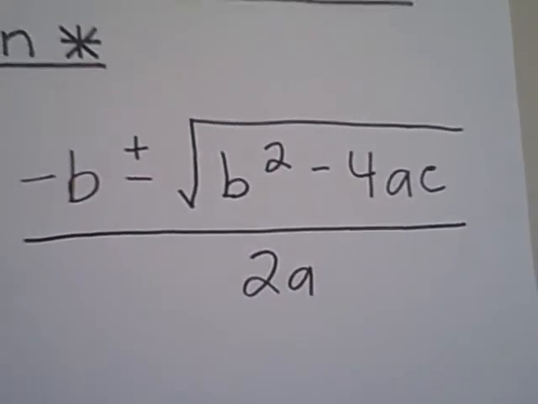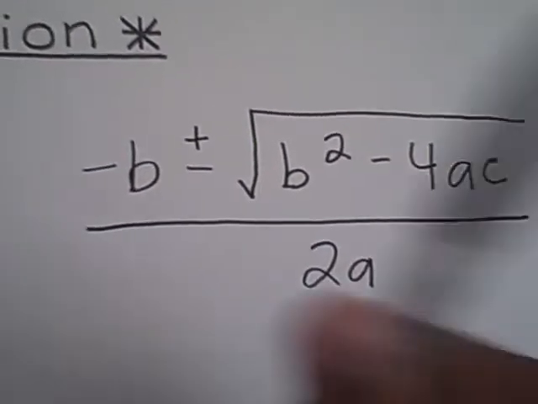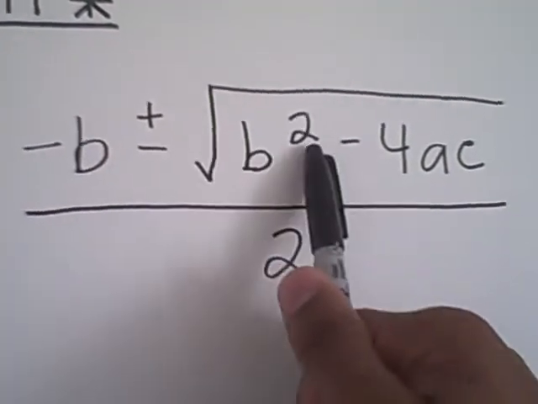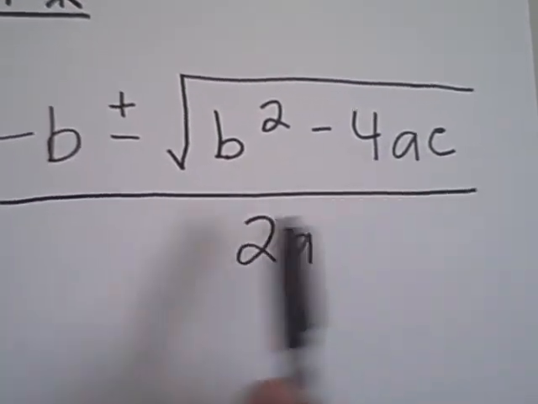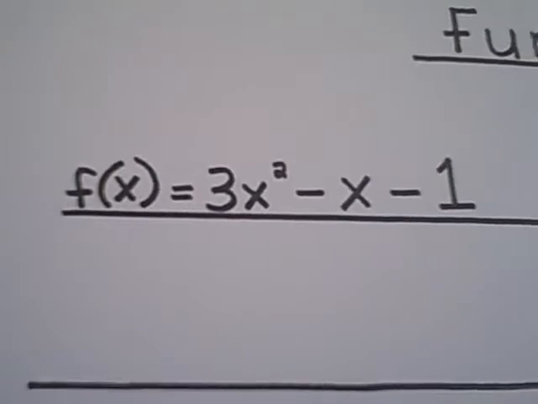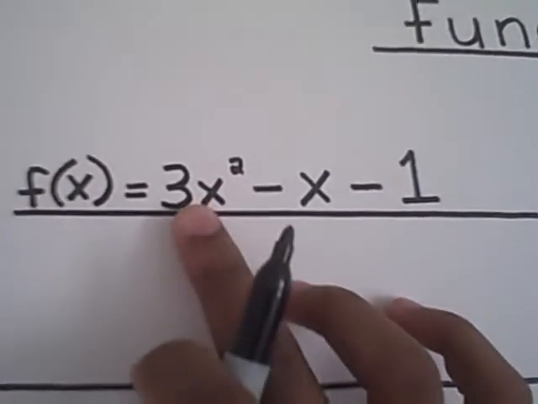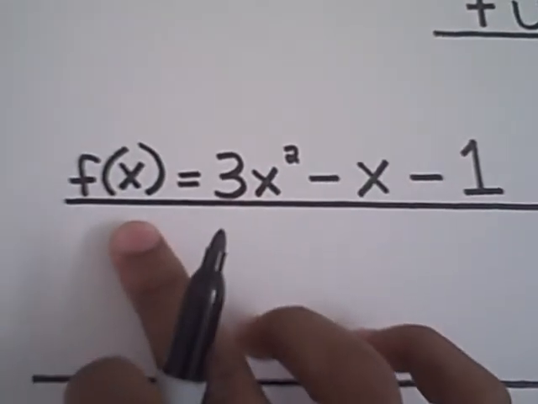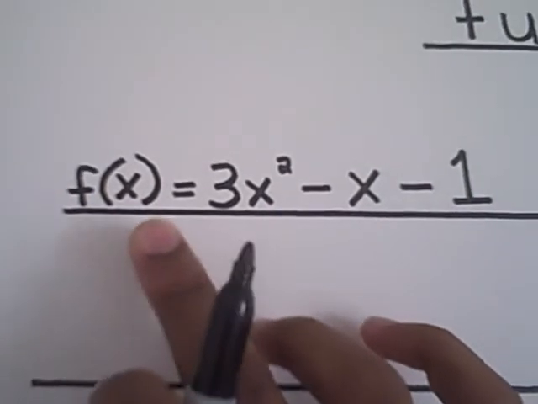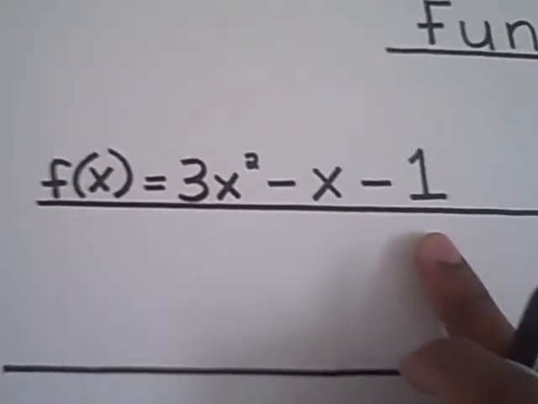Okay, now that we have the quadratic formula, which is negative b plus or minus the square root of b squared minus 4ac divided by 2a, we can use that to solve our quadratic function, solving for x and trying to find all the zeros within this problem.